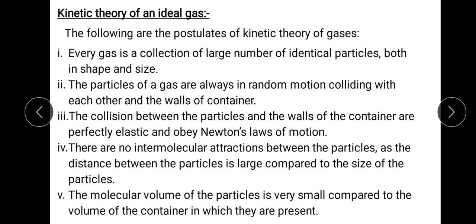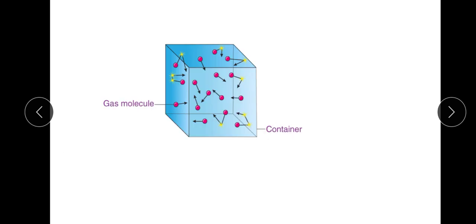Next, a very important one, the kinetic theory of an ideal gas. We have already stated what an ideal gas is. An ideal gas is a gas which obeys the equation of state at all temperatures and pressures. You need to look at this diagram here.